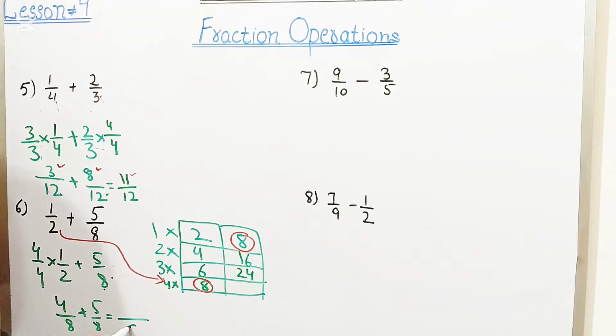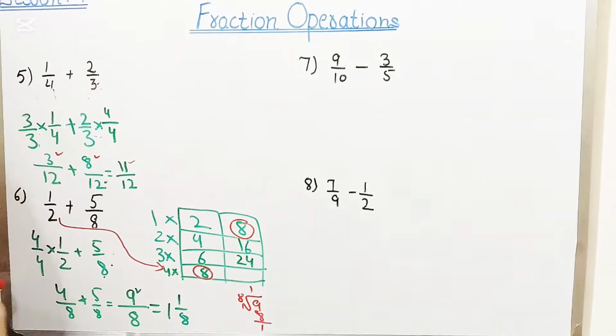We write 8 as the same. We don't add the denominators. 4 plus 5 is 9. 9/8. Can we write it as a mixed number? Yes, because 9 is greater than 8, the numerator is greater than the denominator. 9 over 8 is 1 and 1/8.